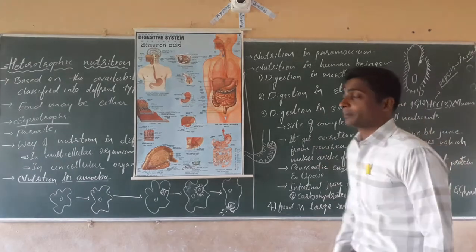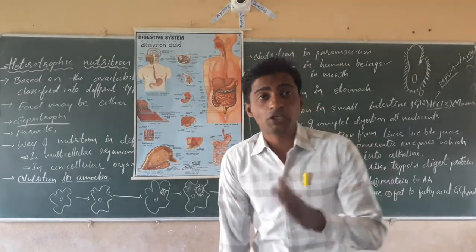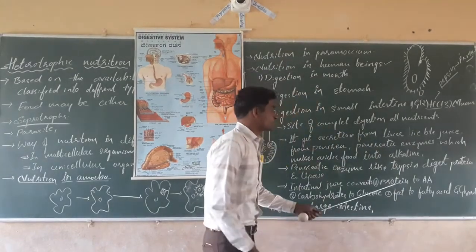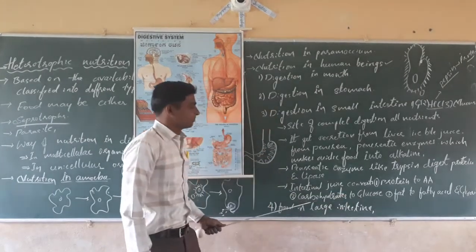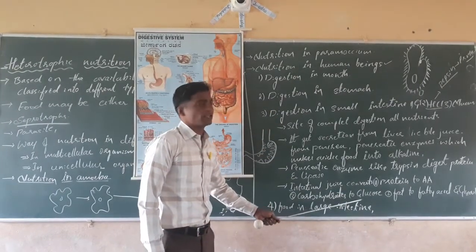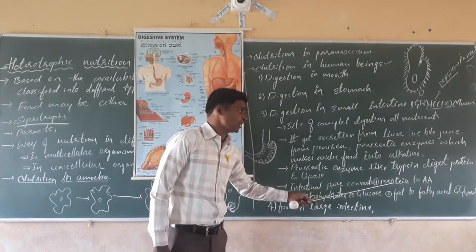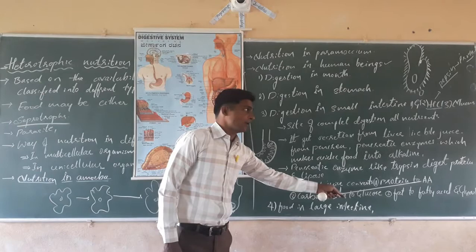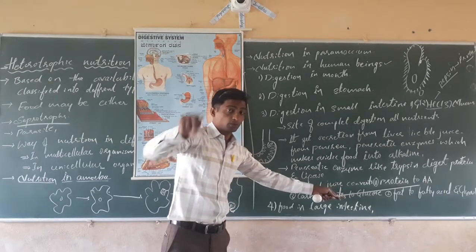What happens in the small intestine? Protein breakdown takes place, and protein breaks down into amino acids. Carbohydrates break down into the simple carbohydrate called glucose. Protein is built up by amino acids, which is why amino acids are called the building blocks of proteins.